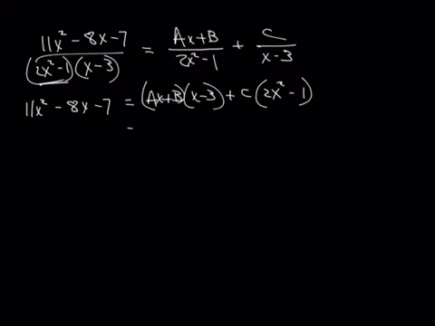Okay, and that equals, when we do the FOIL method, ax squared minus 3ax plus bx minus 3b, so all four terms there when you did the FOIL method. Distribute that c.